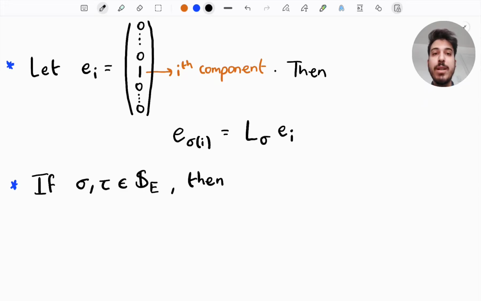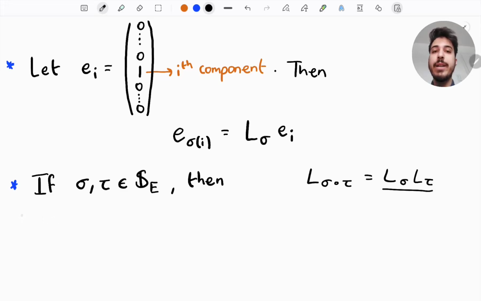Now, if sigma and tau are in S_E, then we can describe their composition by another matrix, which is also a permutation matrix. So let us see that this composition matrix is in fact L_sigma tau, which is equal to L_sigma times L_tau. We will see that this is in fact the permutation matrix that gives us e_sigma tau(i).